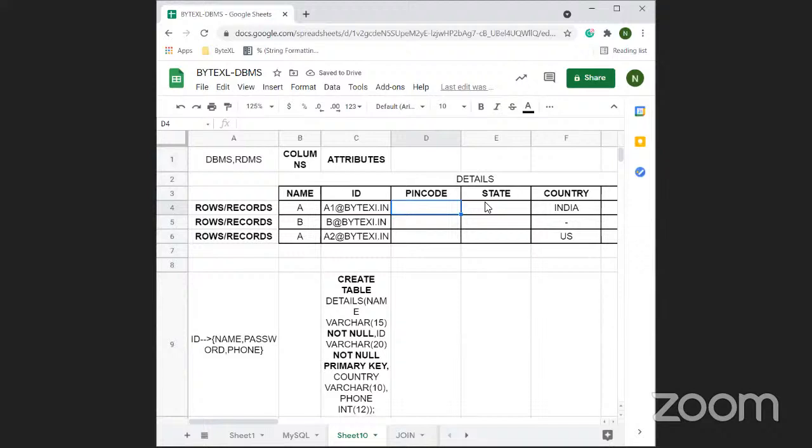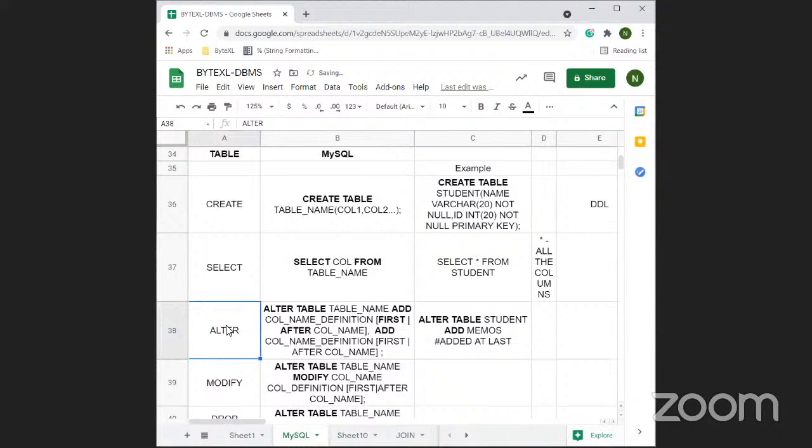Now what I am doing, I am changing the entire table. So all these values by default would become null unless and until we add them, right? For that, to change the table, we have a separate command, alter table, table name.